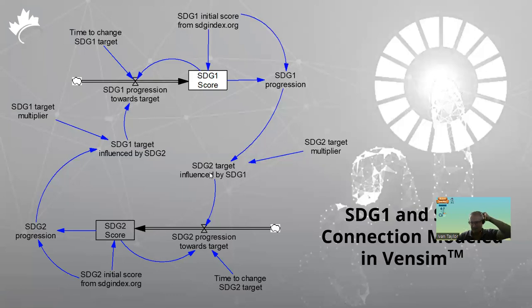This is referred to as a goal and gap model. We have the goal of the target, and then a gap between the goal and the current value that is closed over time by this kind of progression towards the target.